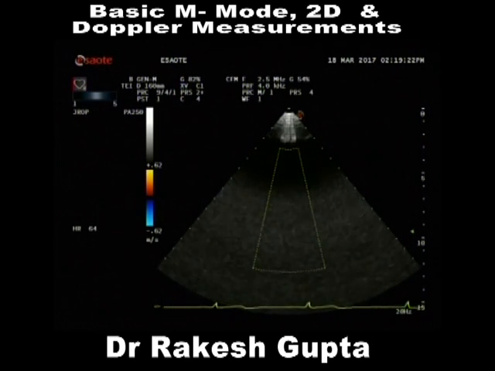After blue: blue, green, yellow, orange, red. So if my velocity goes more than 62, it will give you green or yellow colors, and that's known as a turbulence or mosaic pattern. Are we clear or not? Because this is important. We talk of Nyquist limits.